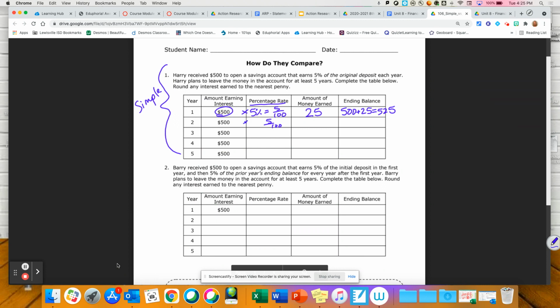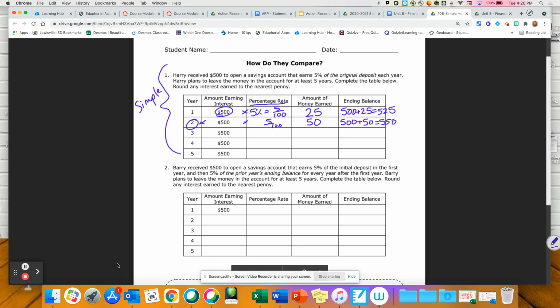So he is still earning 5% of $500. But this time, it's been in there for a second year. So instead of 1 year, it's now 2 years. So 2 years times $500 times 5% is $50. So 500 plus 50 is $550.